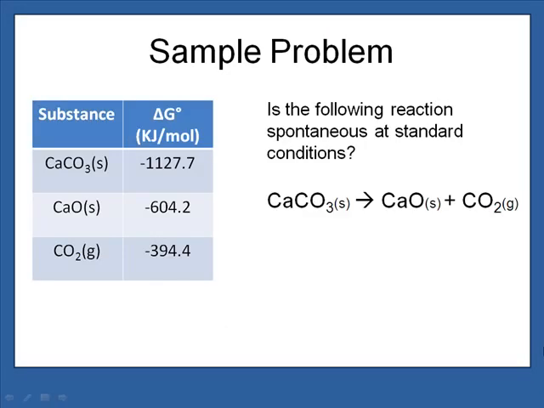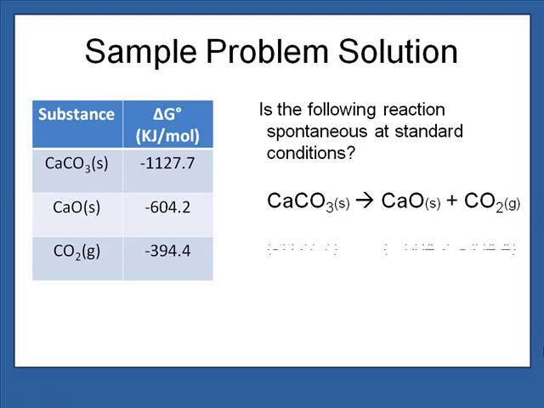So here's a table that you might see and a reaction that you might be able to look up. Is the following reaction spontaneous at standard conditions? Well, we're just going to look into the table. The standard free energy of calcium carbonate solid is negative 1,127.7.